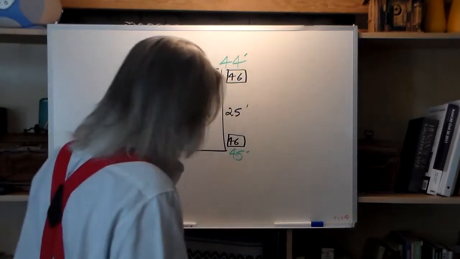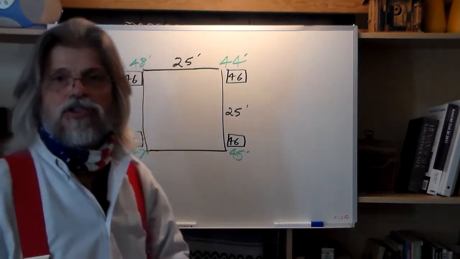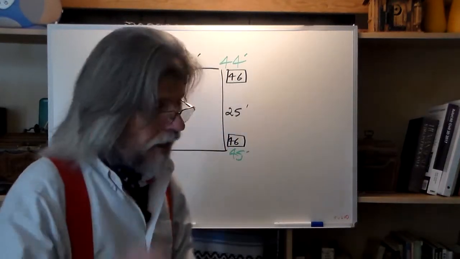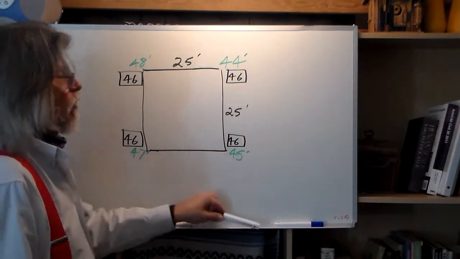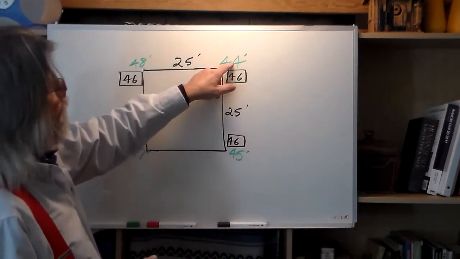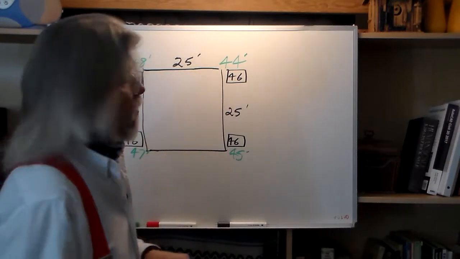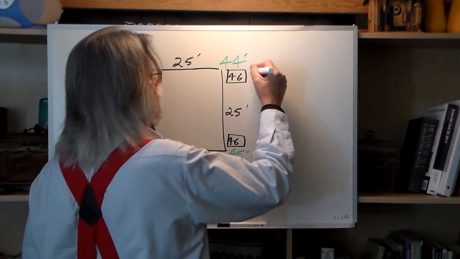So, we know what the elevation of the point is now. We know what the elevation is going to be. And now we've got to come up with the difference in elevation. We start off at 44 and we're getting up to 46. The difference in elevation here is +2.